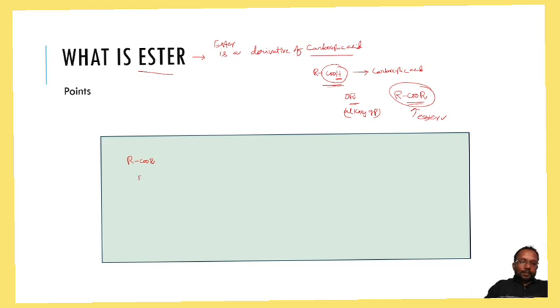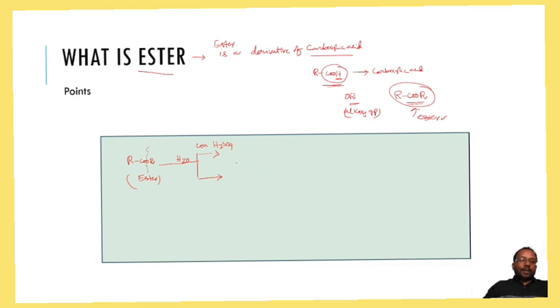This ester is hydrolyzed by using H2O in presence of two catalysts. First one is an acid catalyst. Here the acid is concentrated H2SO4 we are using for the hydrolysis process.